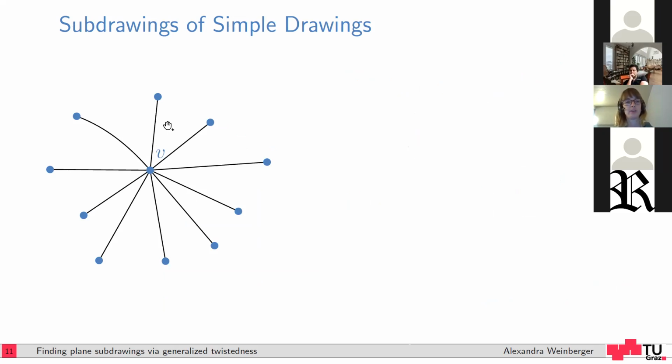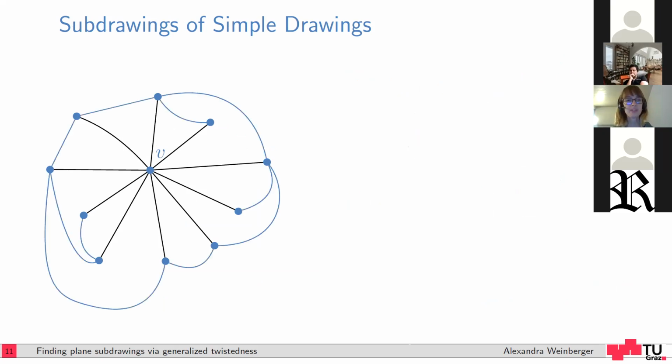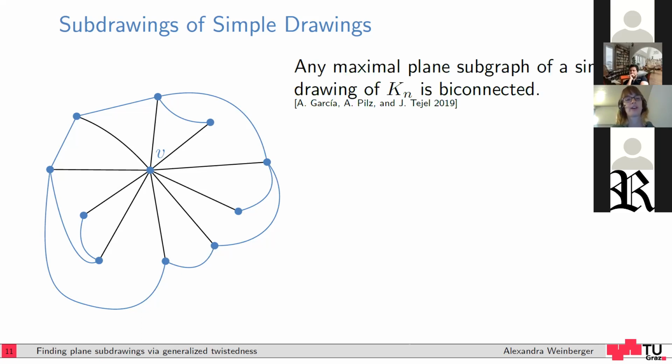And then we will first add edges to the star until we have a maximally plane drawing. Then we're going to use a very nice theorem that says that any maximal plane subgraph of a simple drawing of the complete graph is biconnected.